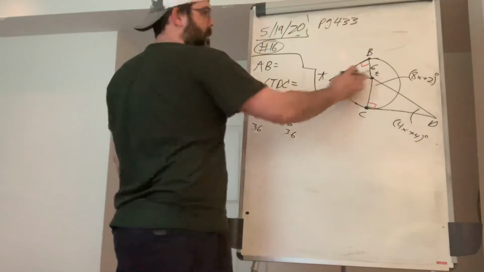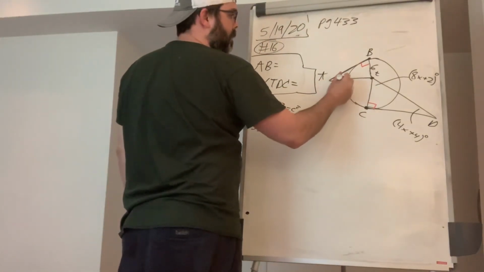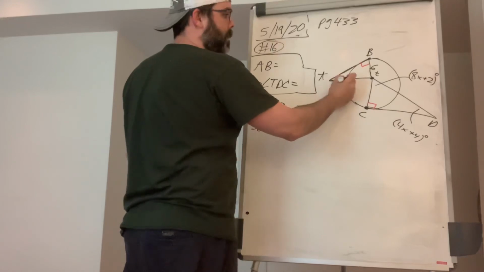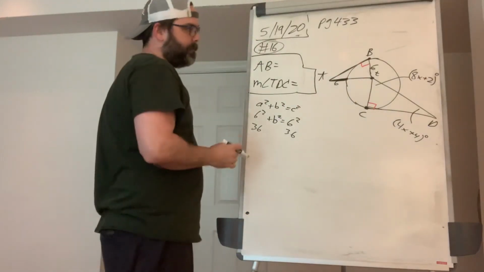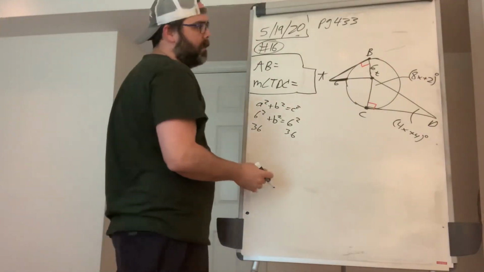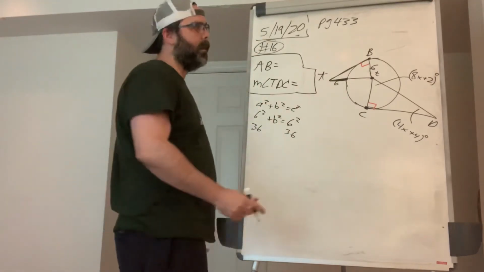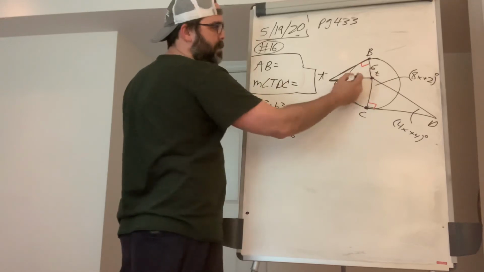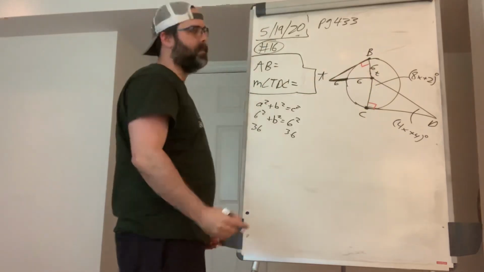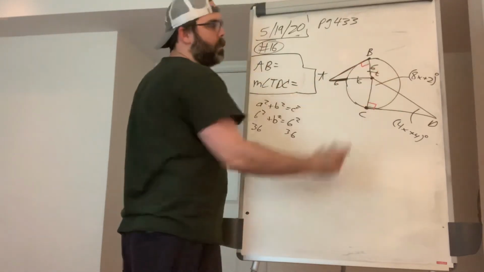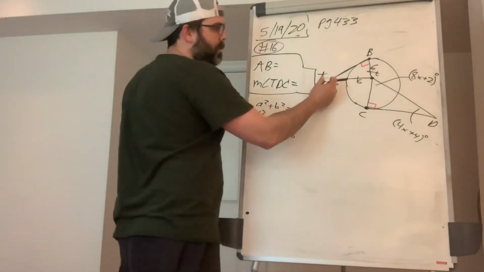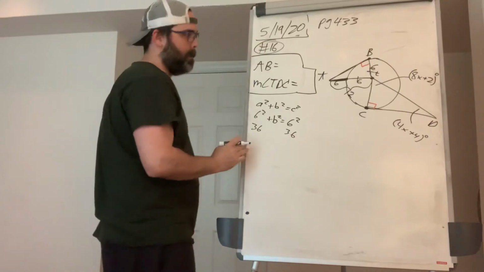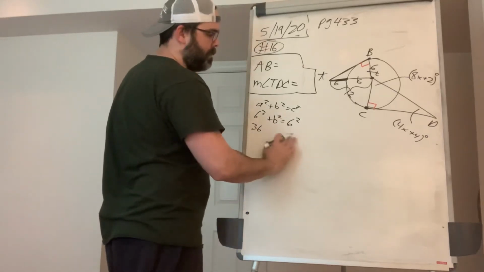This whole side is not 6. It's just this piece here that's 6. Oh, duh. If this is 6, it's the radius, then this piece has to be 6 as well, because it's also the radius, since these two are congruent. So this is actually 12, which is the hypotenuse, 12 squared.